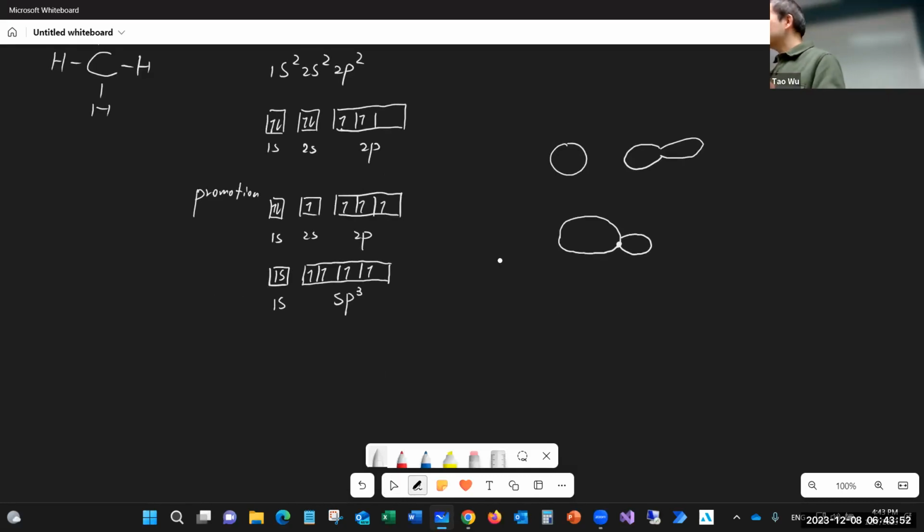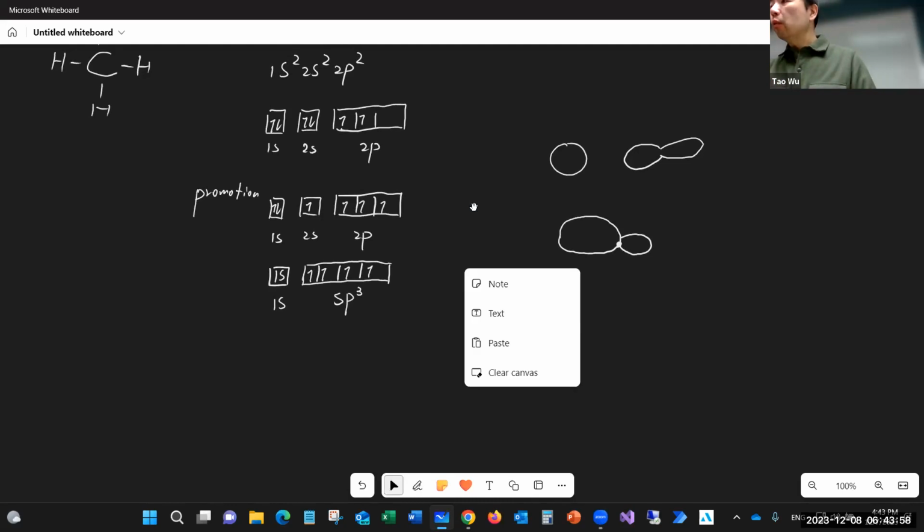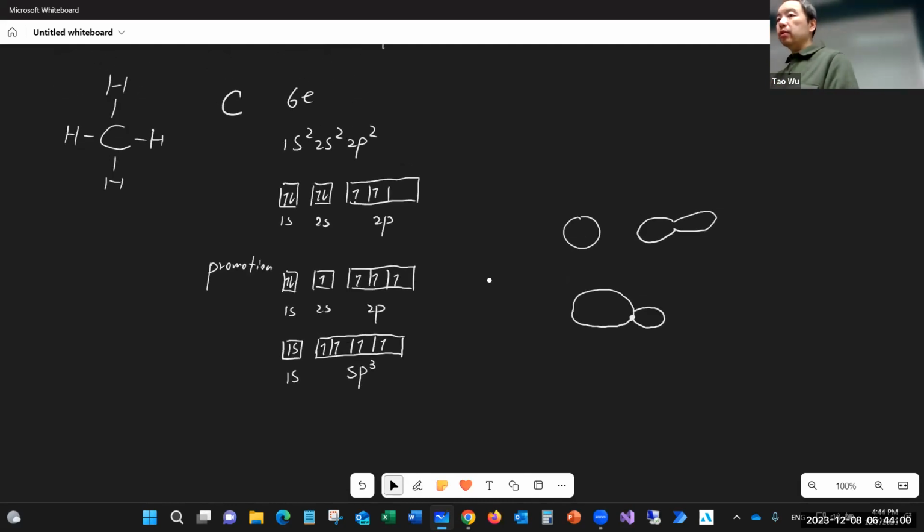There are different kinds of hybridization to explain different situations. And the best way I can help you understand is, if you want to see what kind of hybridization, you just need to look at the central atom. Count how many electron domains there are around this central atom.